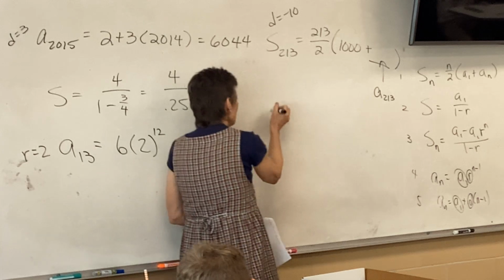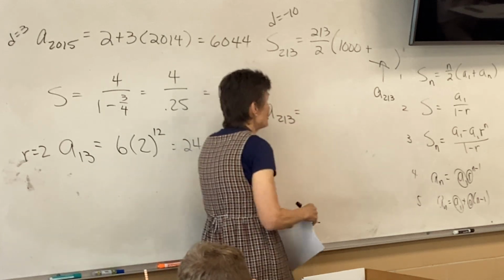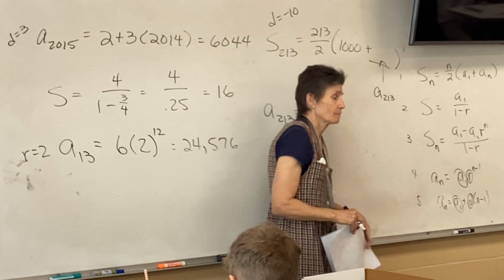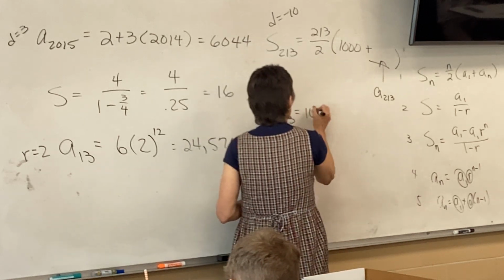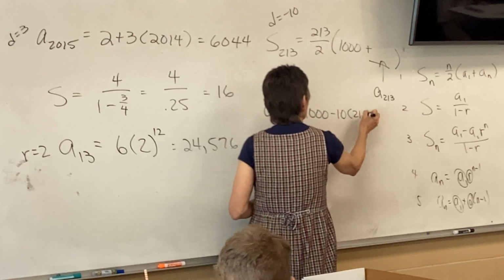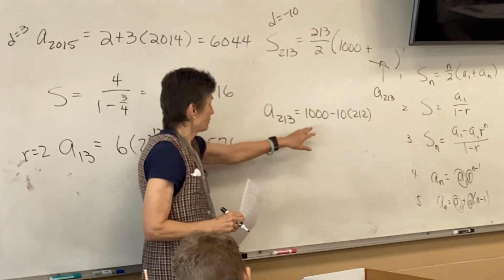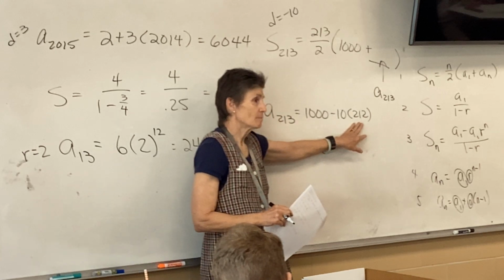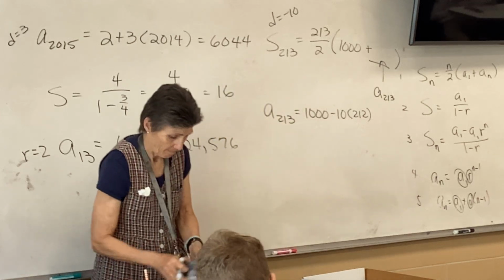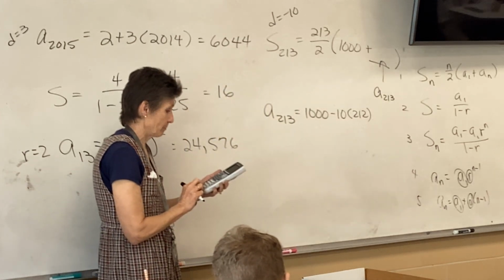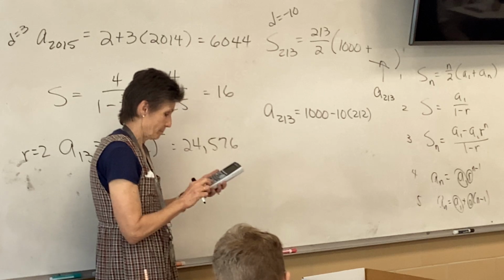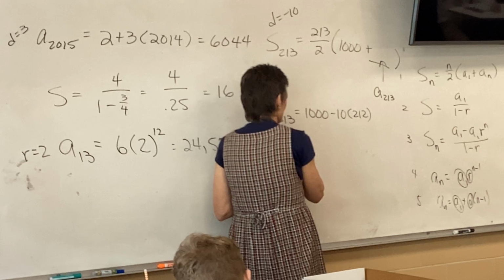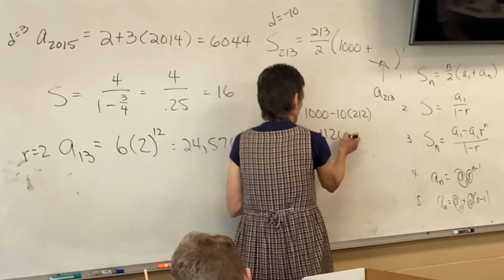So I'm gonna have to back up and use equation 5. So 1,000 minus 10 times 212. First term, common difference, and minus 1. And for that term, I got negative 1,120.